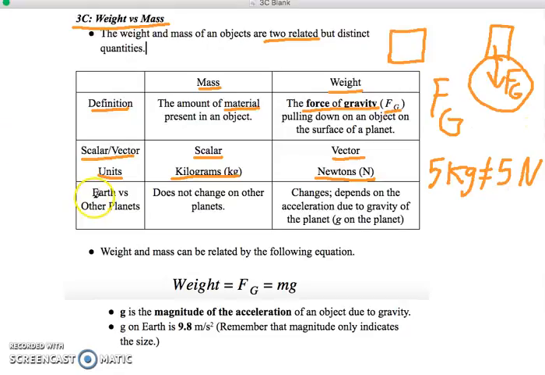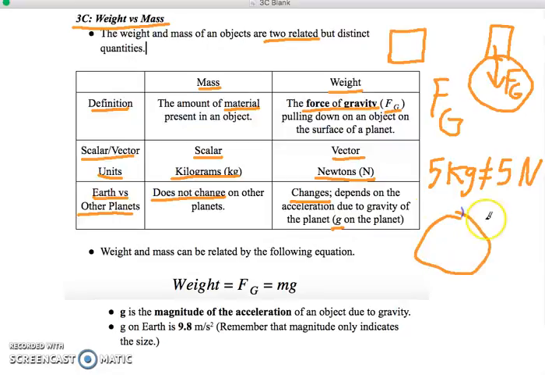And the last thing in this table is what's the difference on other planets. Mass does not change on other planets. So if you bring an object on Earth, on the Moon, Pluto, it's all the same. There's no change. Weight changes. So weight actually depends on the acceleration of gravity on that planet, or little g on that planet.